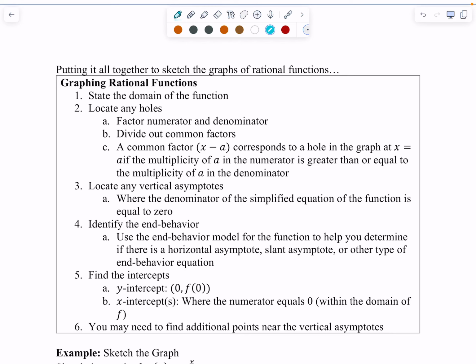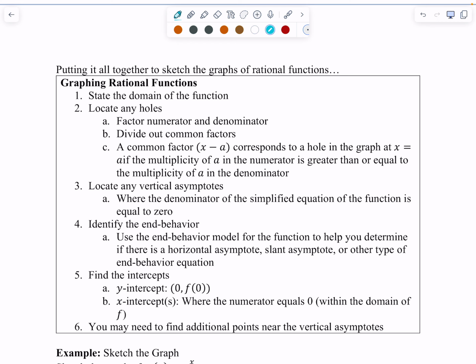So we are putting everything we've talked about identifying characteristics of functions together now in order to sketch the graphs of rational functions. And I love talking about these different characteristics of rational functions because there are so many interesting characteristics. There's things we're pulling from studying polynomial functions.